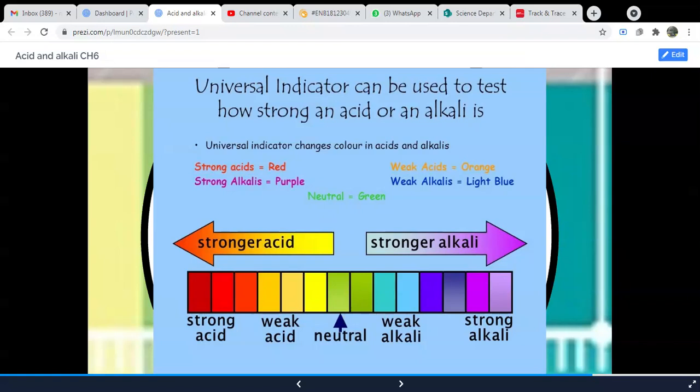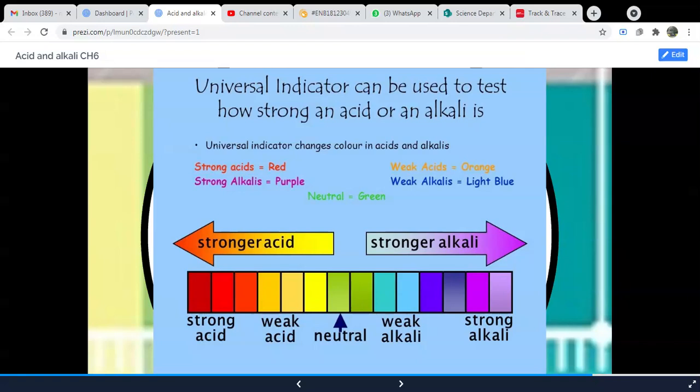For a stronger acid, the color usually will be red, while weak acids, for example like ethanoic acid, CH3COOH, the color usually will be yellow to orange.